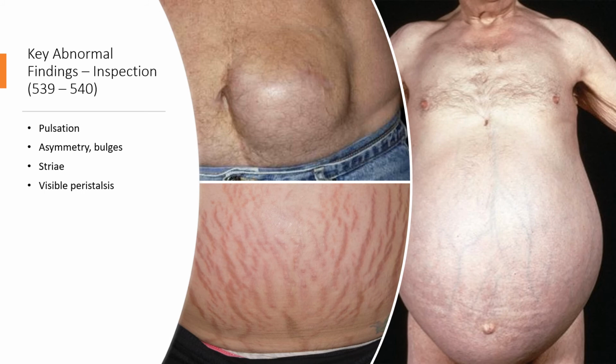Okay, so now let's take a look at key abnormal findings. Make sure that you review your book, page 539 to 540, because we're going to talk just a little bit about some of the ones that are more interesting or that we see more frequently. Okay, so pulsations, and we already talked about the idea that pulsations can be normal, especially for thin women with just regular abdominal musculature, without six packs.